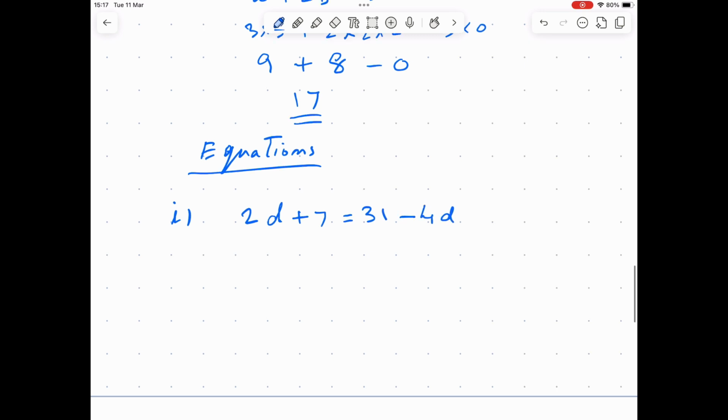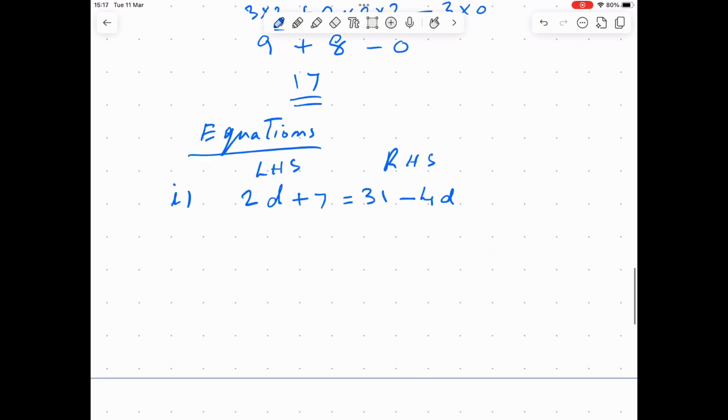Now this is the left hand side and right hand side. We will be collecting numbers on the right hand side, the letters on left hand side. And if we are moving something from the left to the right, change the sign. If we're moving a letter from the right to the left, then we change the sign. For example, in this case, minus 4D.